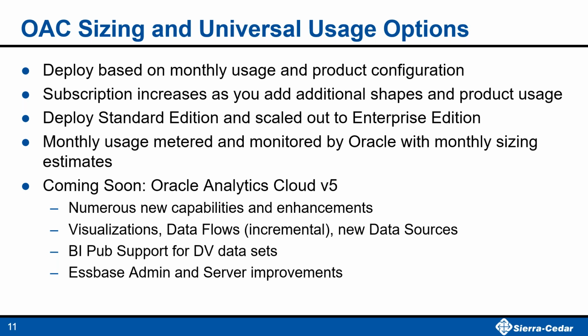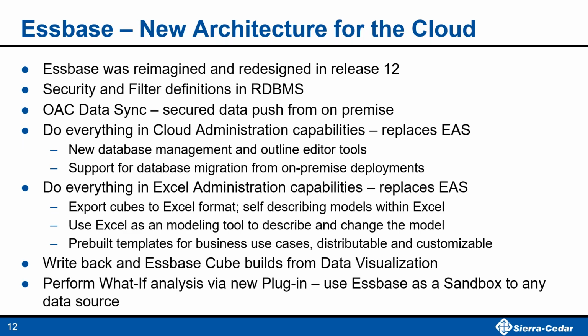Each month you will look at your metered usage, and that determines the subscription and also the cost of that monthly subscription. As Bob mentioned, there is a new version coming out, Oracle Analytics 5, in the future as well, that we can talk more about as we go through the sessions.